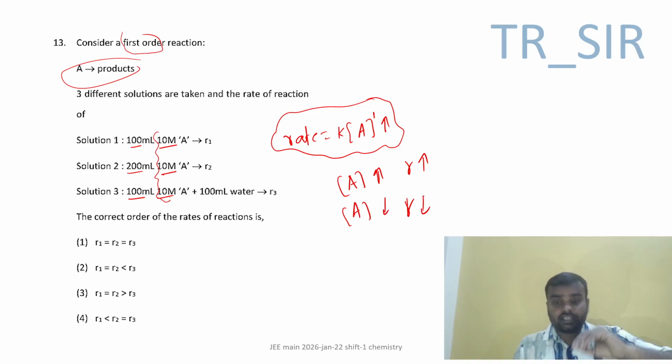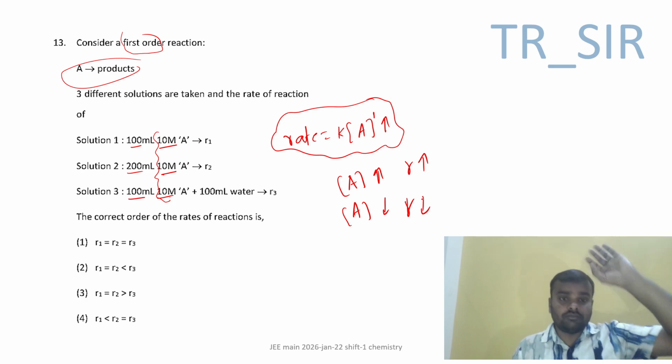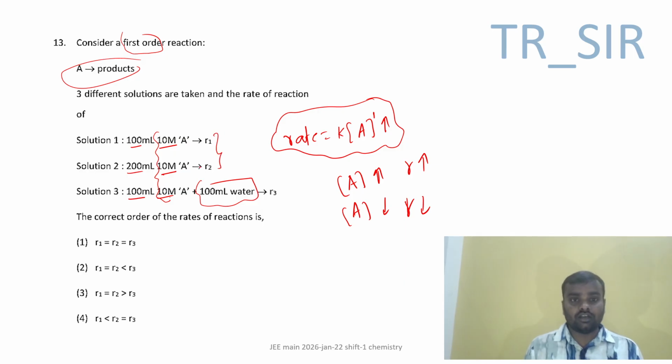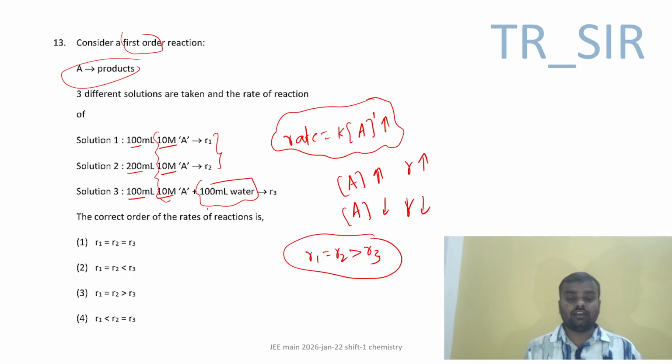Here they added extra water in the third case, so R3 has a very low rate of reaction, whereas R1 and R2 are the same. Why? Same volume, they did not add extra. R1 is equal to R2 and R3 is less than R1 or R2. Extra volume of water was added; dilution takes place, so concentration decreases.